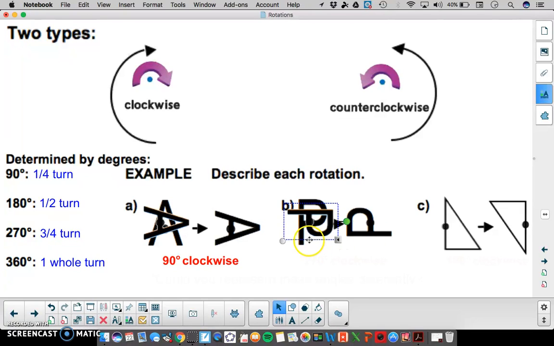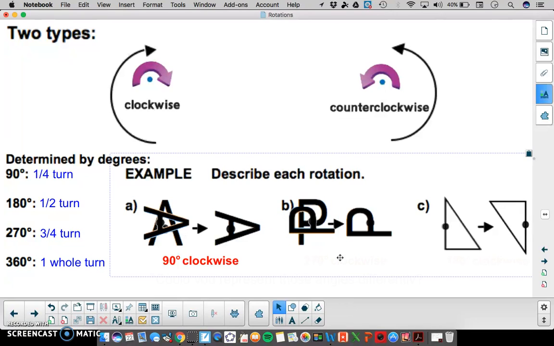Notice it does not look the same as our ending figure, our image. So go 90 more, we have 180. Still not the same. And here we are at 270 degrees. So at 270 degrees clockwise, we create that image.